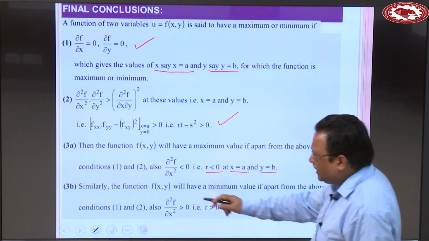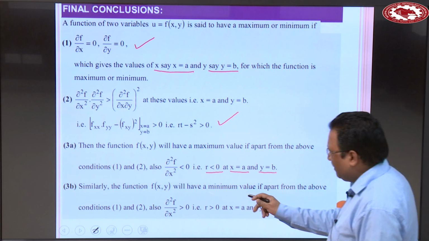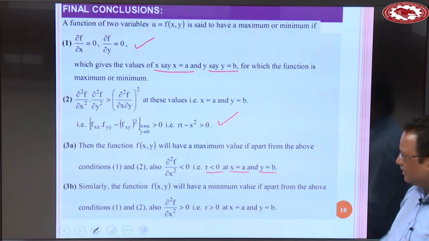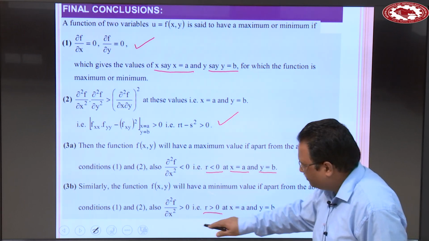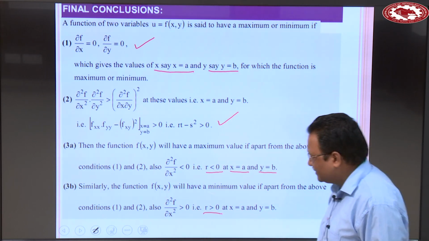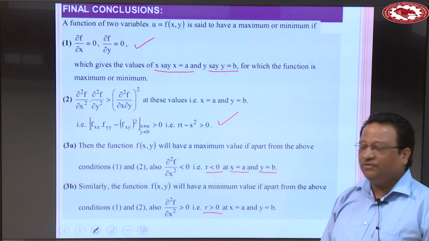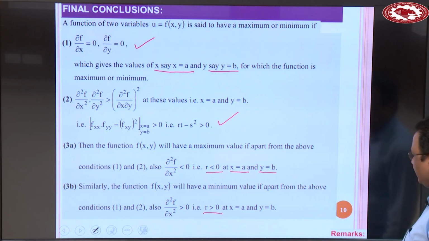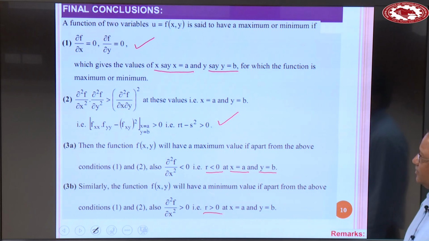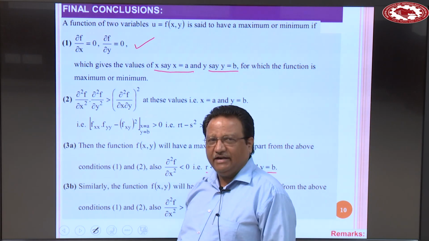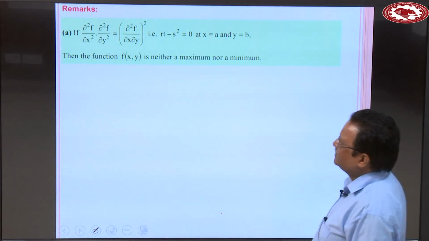Similarly, the function f(x,y) will have a minimum value if, apart from the above conditions 1 and 2, r is greater than 0, meaning ∂²f/∂x² is greater than 0 at x equal to a and y equal to b. So, remember all these formulas for evaluating maxima and minima of two variables.